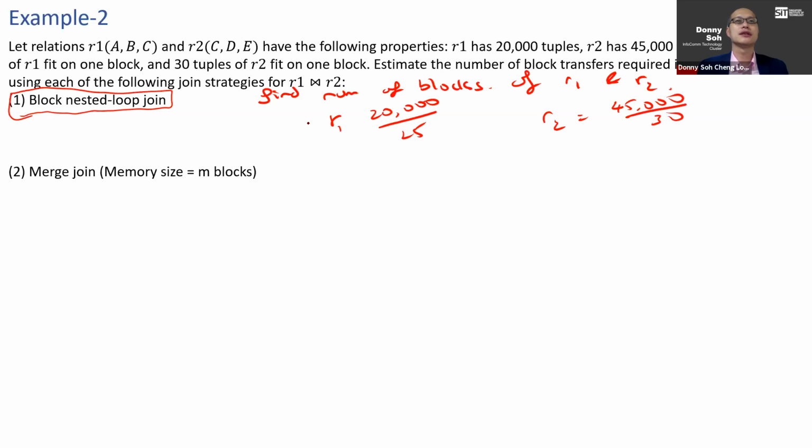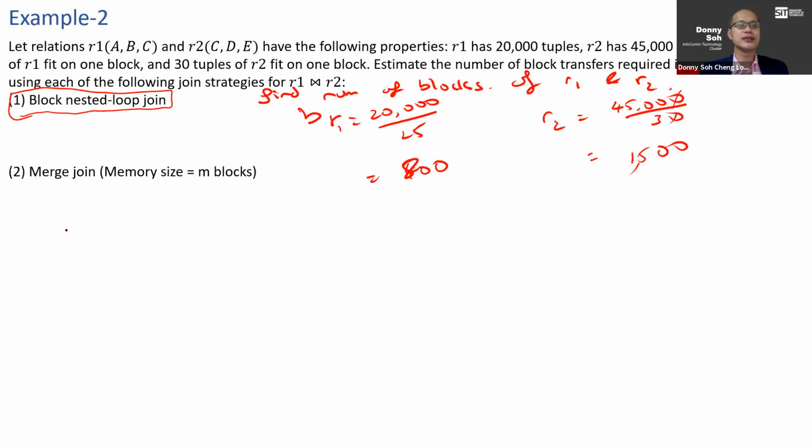So the number of blocks for R1 will be equal to 20,000 divided by 25, which is 800. And for R2, 45,000 divided by 30 is 1,500. Okay, so this is the very first thing that you want to do.